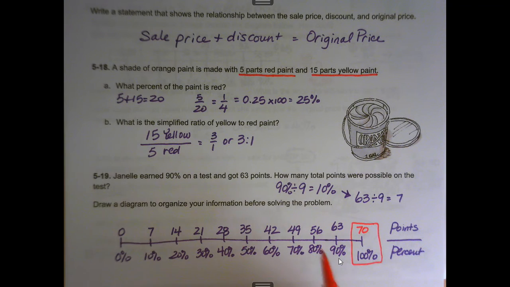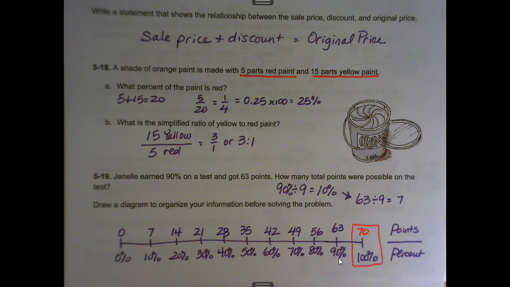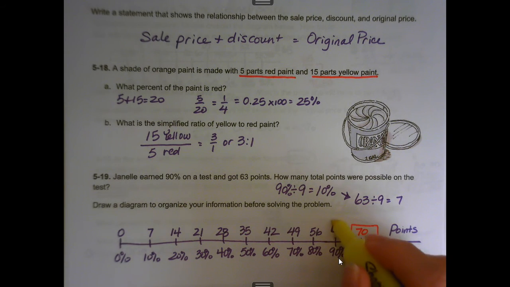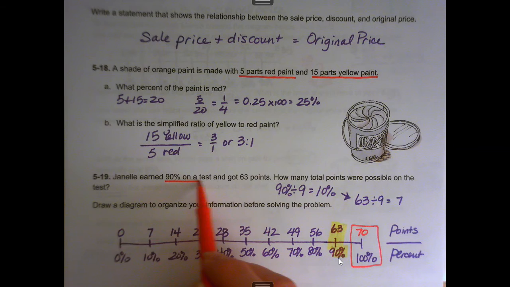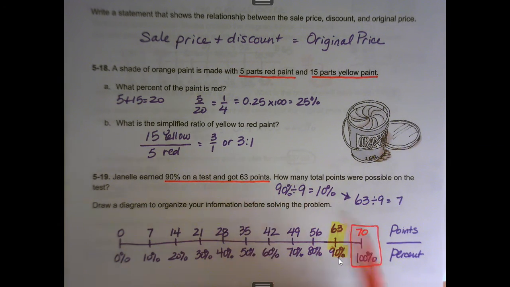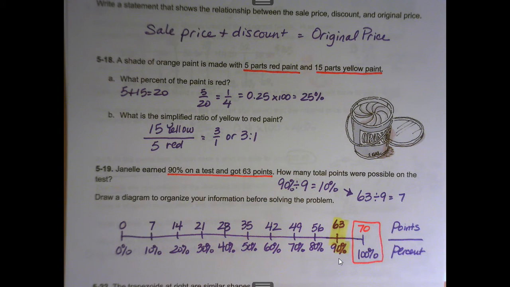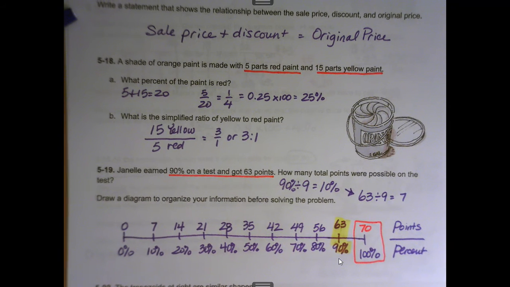And then I know that she got 90%, and 90% was 63 points. And I know that from my information up above. Again, a reminder that we always can go back into our problem and find some information that's going to help us to do what we need to do mathematically.